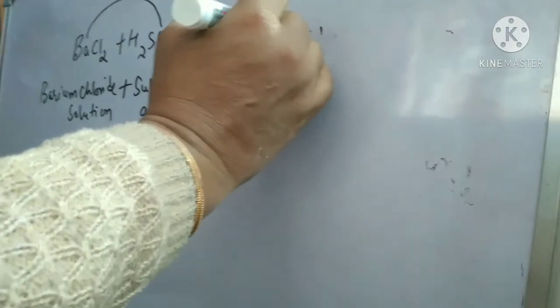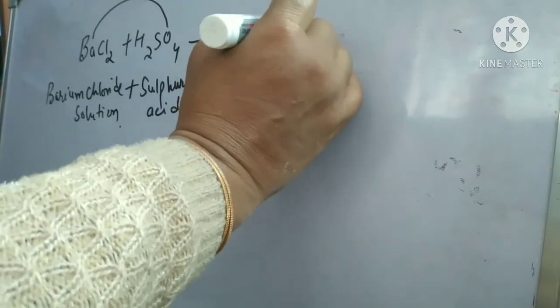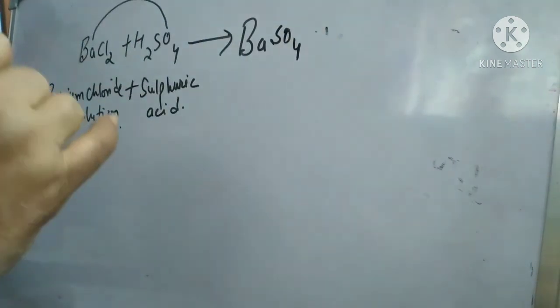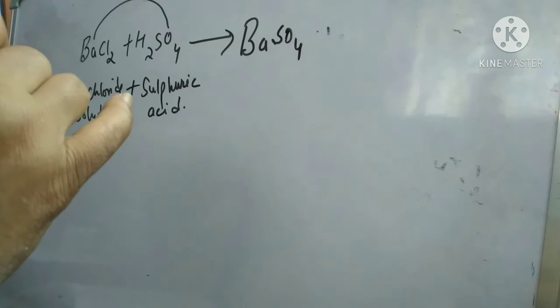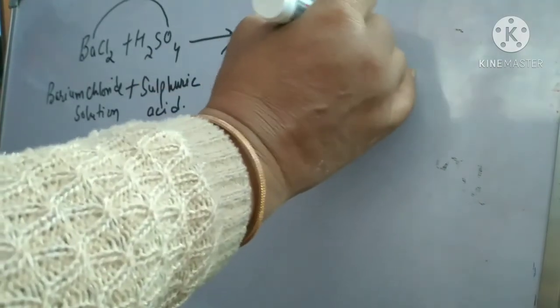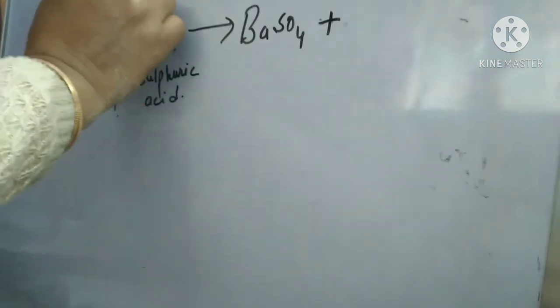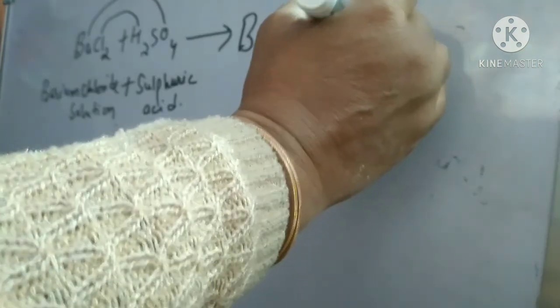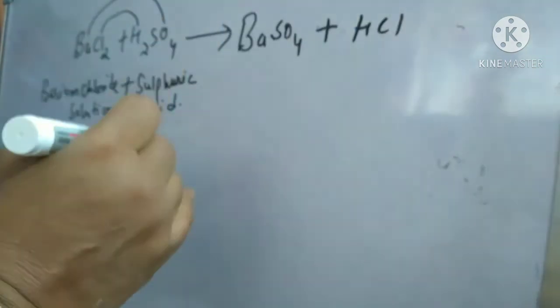Barium is 2 plus and sulfate is 2 minus. So it will result in the formation of barium sulfate plus hydrogen and chlorine, forming hydrogen chloride.